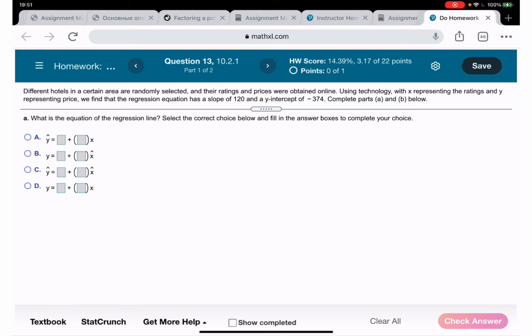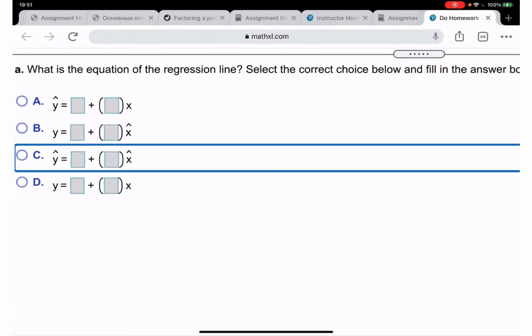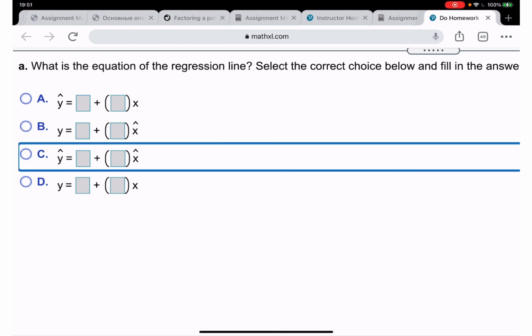We have these two forms, one is x, the other one is x bar. We don't have x bar, it's going to be x, this one.